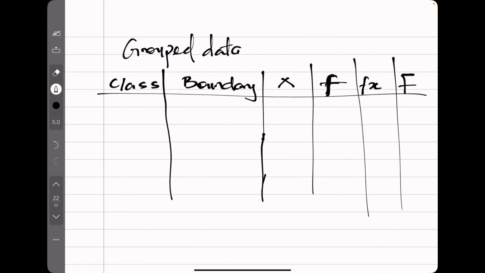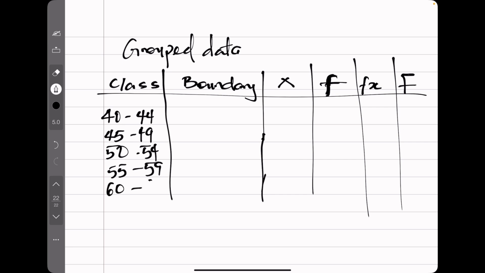The first class we have is 40 to 44, 45 to 49, 50 to 54, 55 to 59, 60 to 64, 65 to 69, 70 to 74. Don't mind the lines, it's about the calculation.